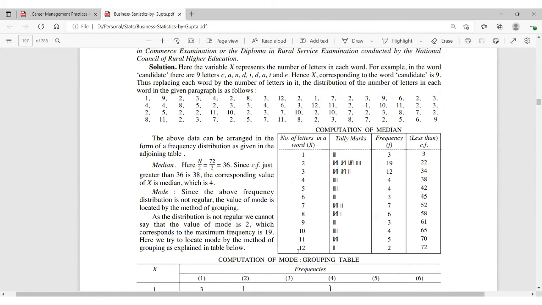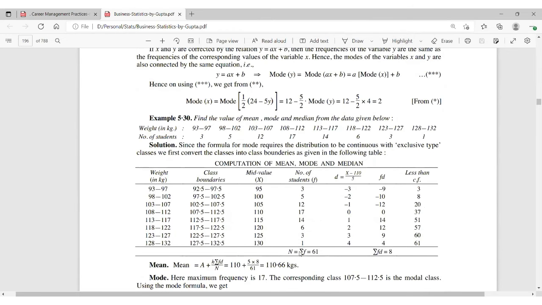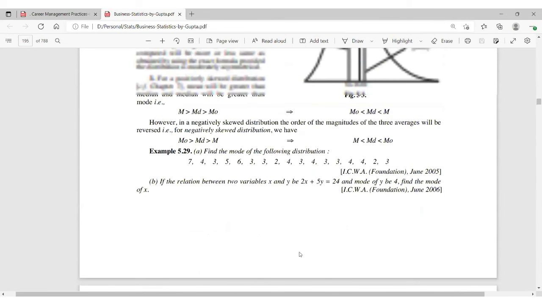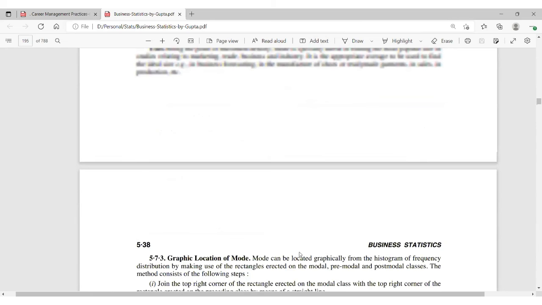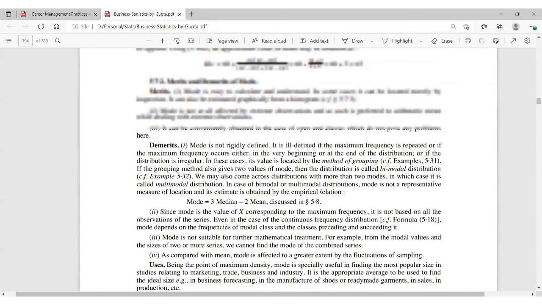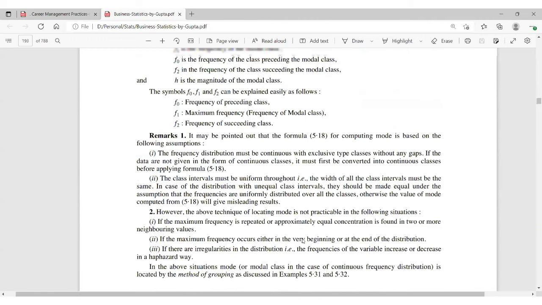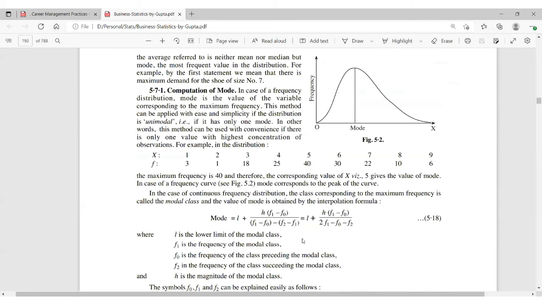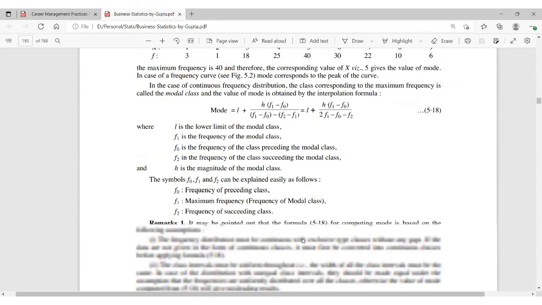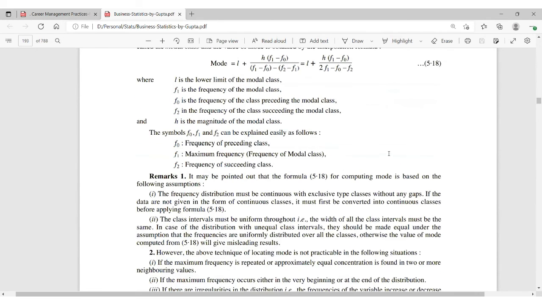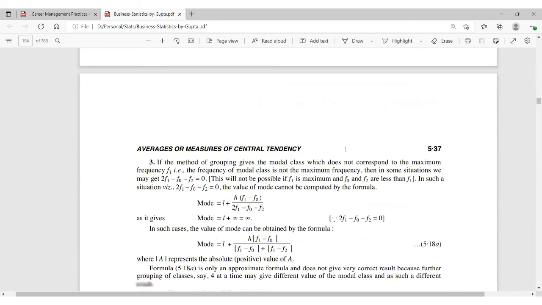In a similar way, we can do this question.